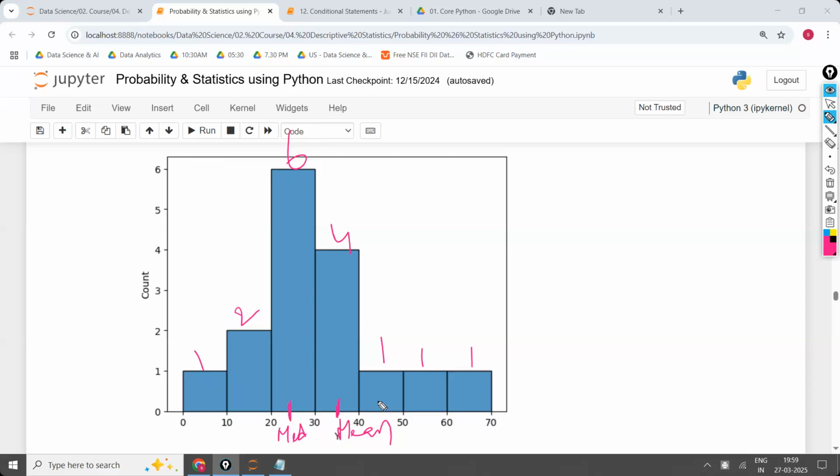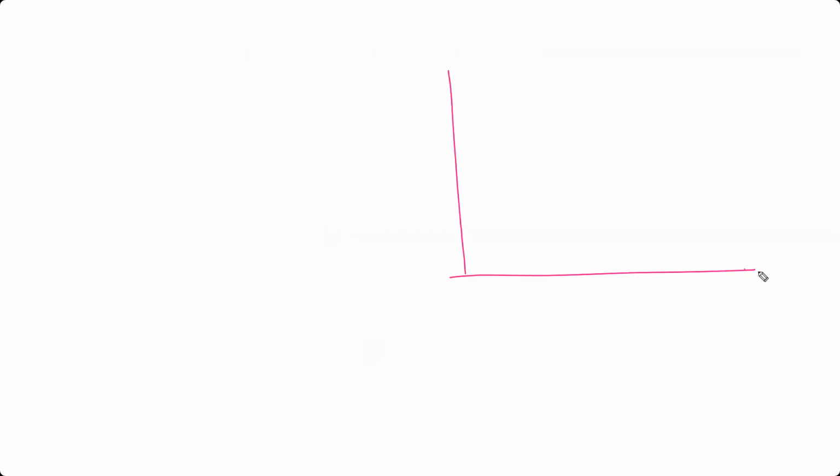It is considered right skewed. Point is clear? Sir, tell me in simple words to remember. Okay. Now see, for remembering purpose only, guys, this logic is only an easy way to remember.